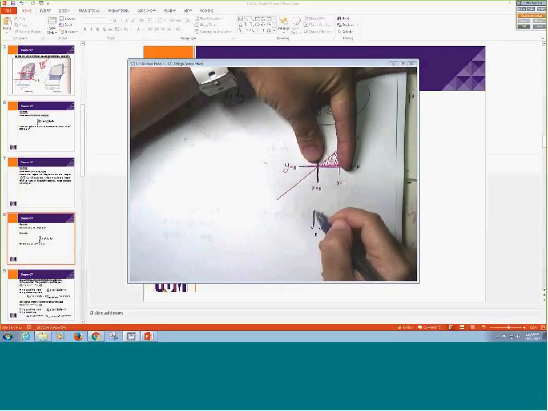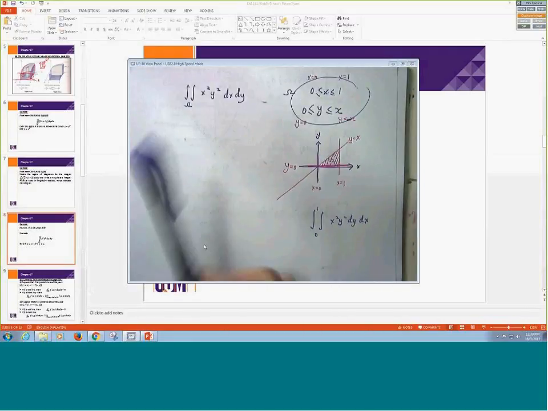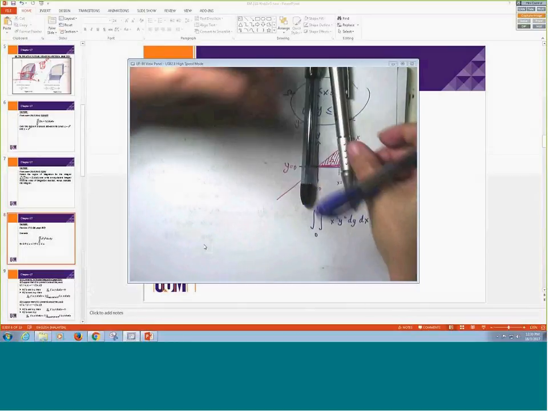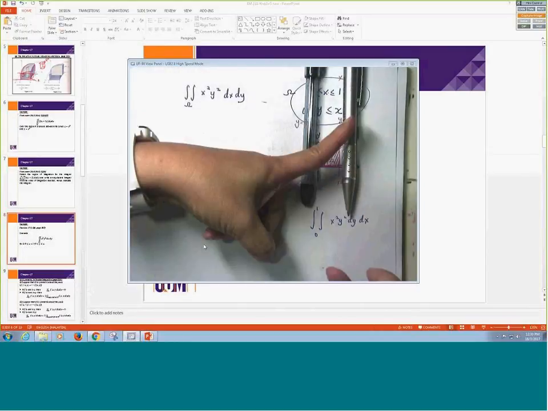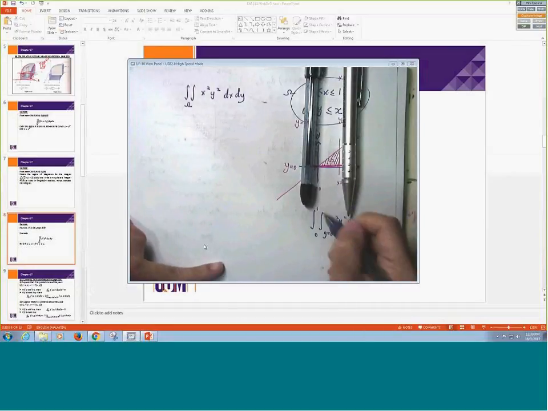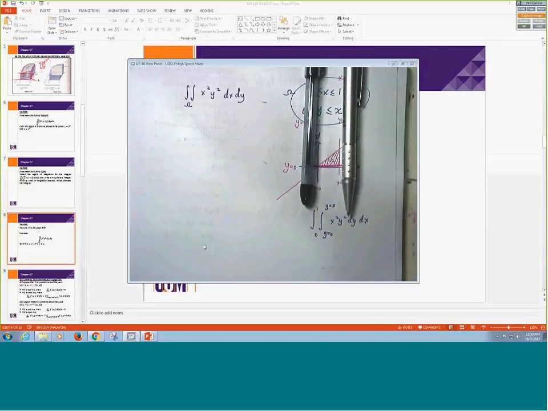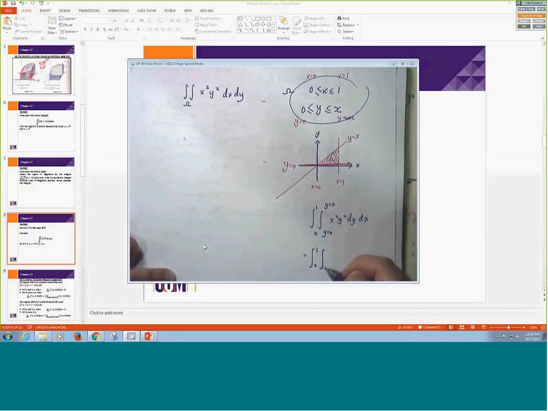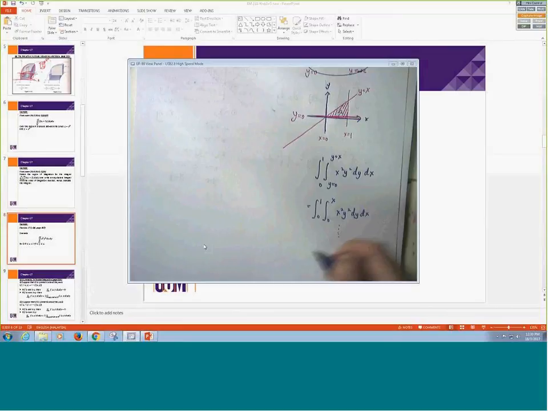For y, the upper one is y equals x, and the lower one is y equals 0. Then it is easy. You just need to solve the integral from 0 to 1, from 0 to x, of x squared y squared dy dx. And when you solve, you should be able to get the answer, which is 1 over 18.